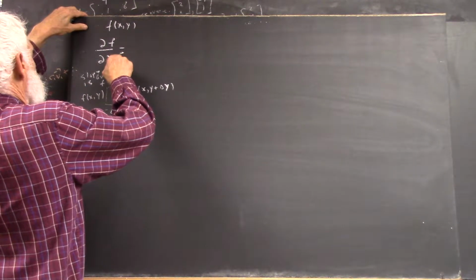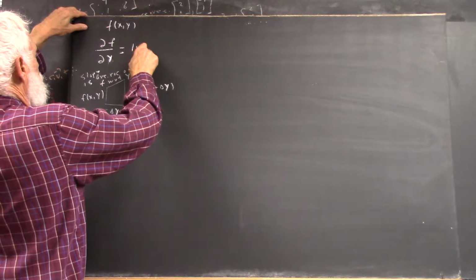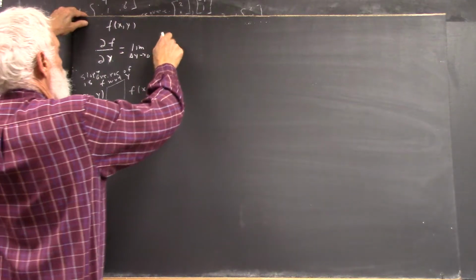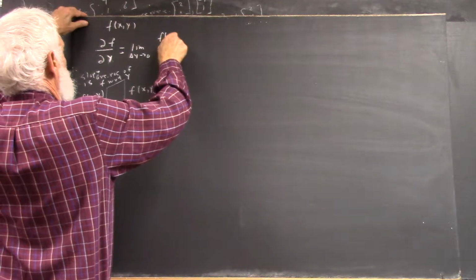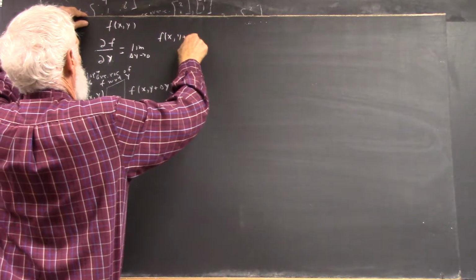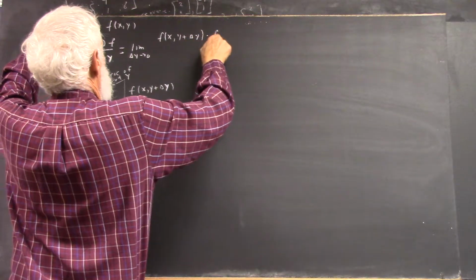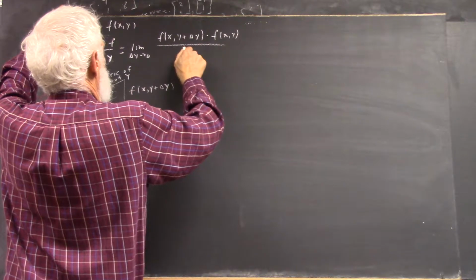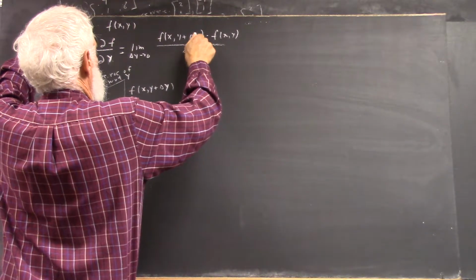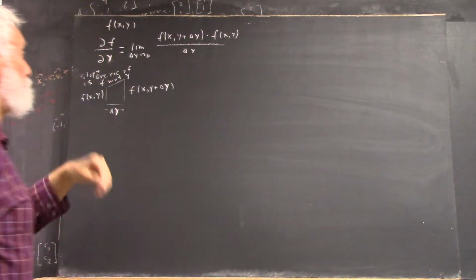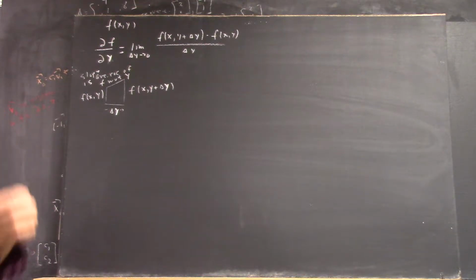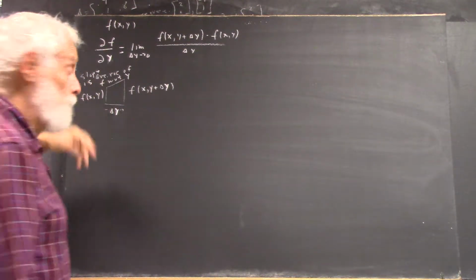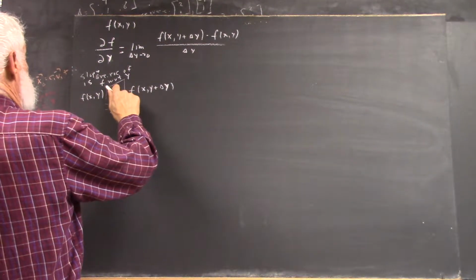If we want the instantaneous rate of change, we take the limit as delta y approaches 0 of f of x, y plus delta y minus f of x, y divided by delta y. And that just shrinks the delta y interval down the same way it's done in first year calculus.